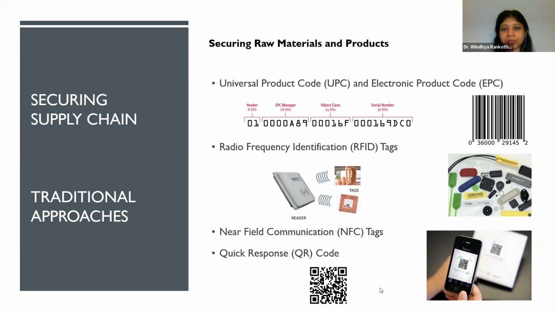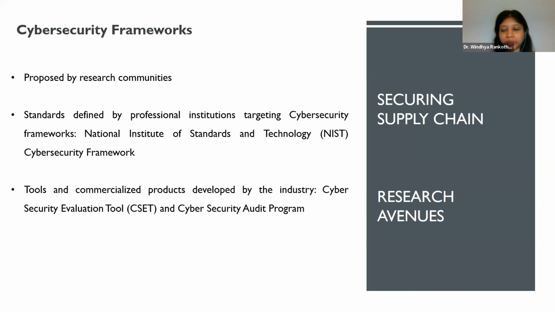However, all these focus on physical threats, but when it comes to cyber threats, we have a lot more to do, and people are focusing on two different aspects: providing cybersecurity frameworks. There are different works proposed by research communities and also by professional institutions such as the National Institute of Standards and Technology of the US.